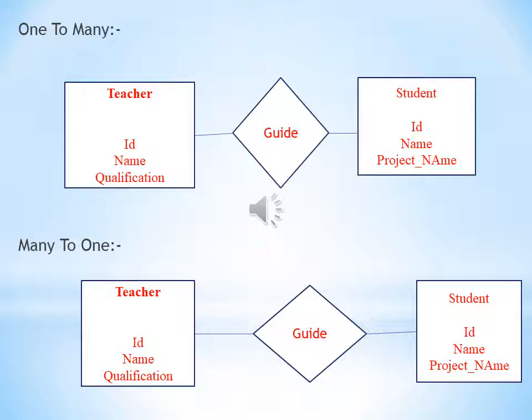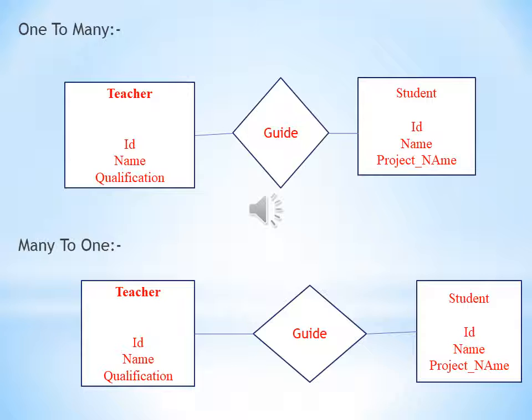In one to many, a directed line from the relationship guide to the entity set teacher is drawn, and an undirected line from the relationship guide to the entity set student is drawn. In this, the teacher can guide many students, but a student can take guidance from only one teacher.